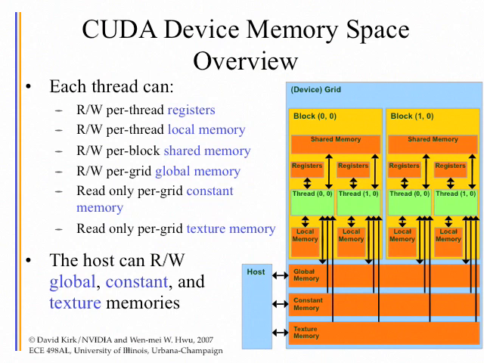You also have read-only per-grid constant memory. This is for the CPU to initialize a bunch of read-only data that will be consumed by the GPU threads. Turns out that this constant memory can be extremely useful for you to hold read-only data structures that provide a value that will be used by a large number of threads.